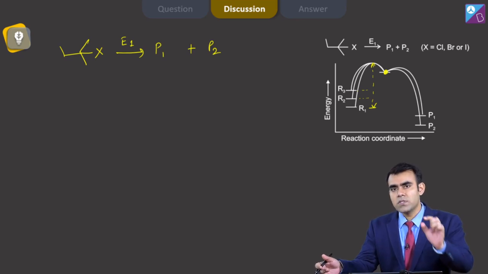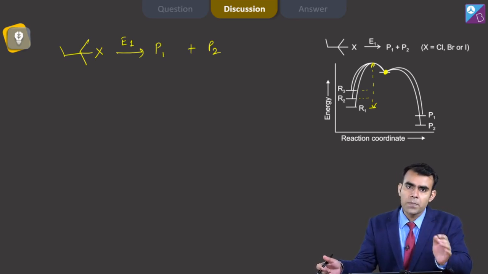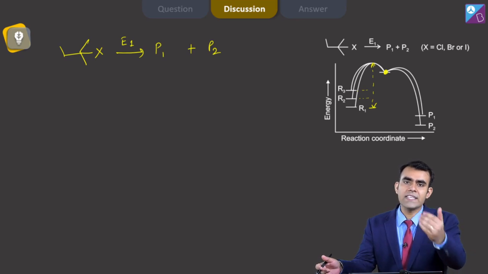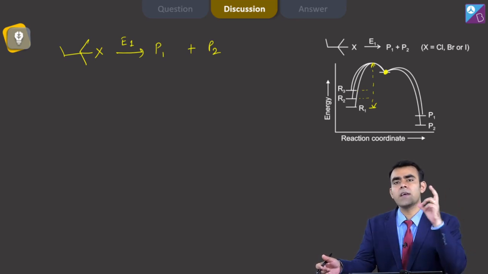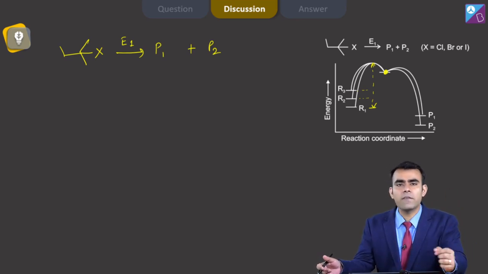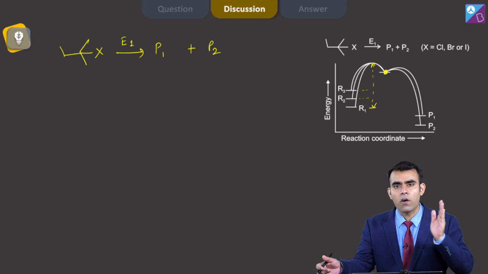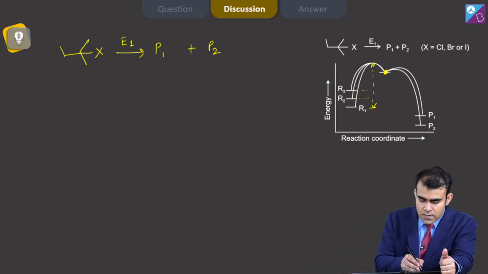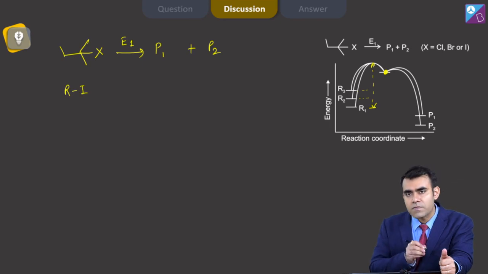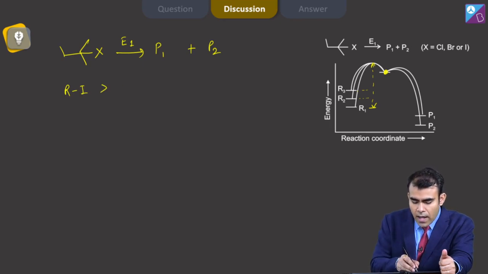Now we know that the better the leaving group, the more easily it can form the carbocation, or the energy required for formation of carbocation is less in that case. And we know the leaving tendency of any alkyl halide is that RI undergoes faster reaction than RBr than RCl.